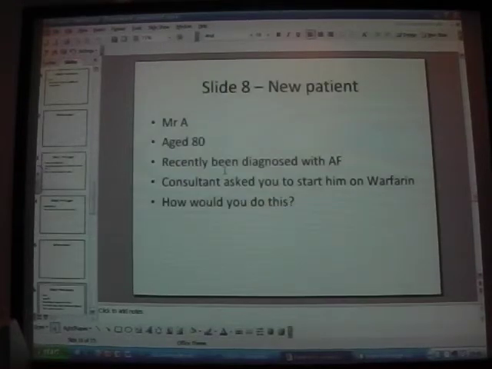Okay, so this is where we use the back page, right? Mr. A, he's 80, recently been diagnosed with AF. The consultant asks you to start him on warfarin, so that's when you use the back page. I'd like you to use the back page and prescribe it.